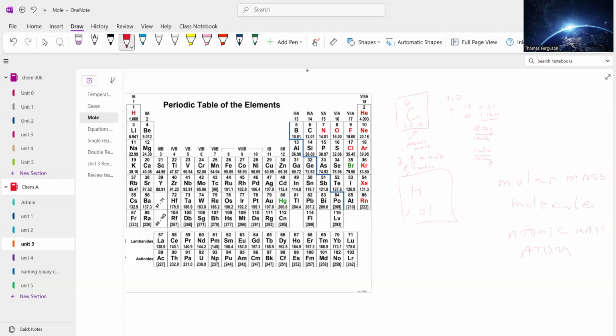So working with a molecule, it's going to be molar mass. Working with just a single atom, it's atomic mass. CH4 would be a molar mass. Okay, so atomic and molar. Atomic is just single atoms. Molar is a molecule.